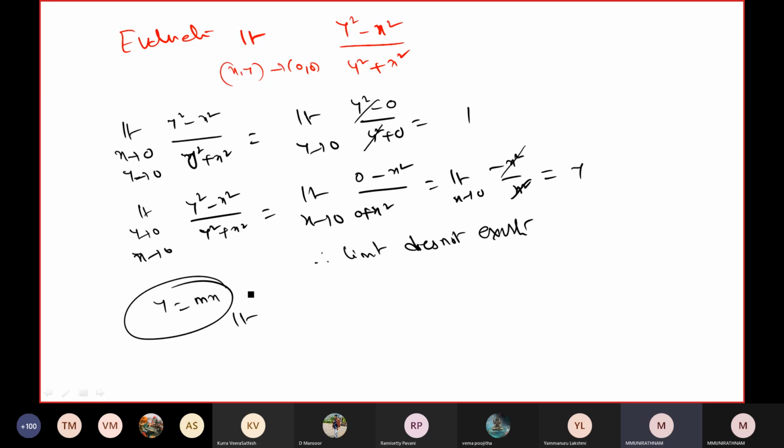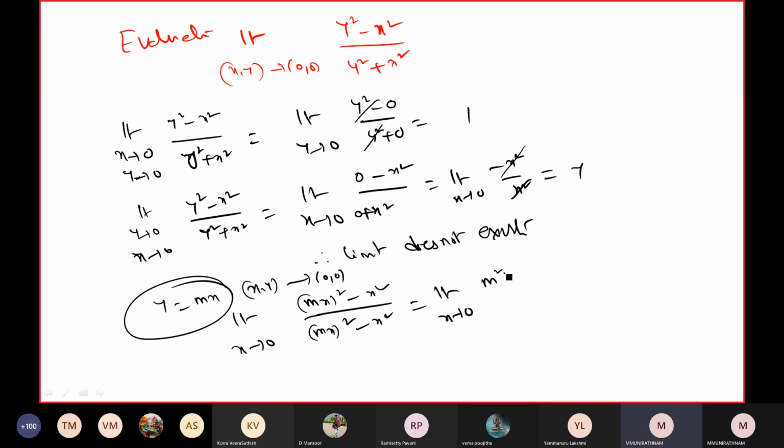When we replace y equal to mx, the total function will be converted in terms of x, so then there is no need to take y here. So this will be m square x square minus x square by m square x square plus x square.